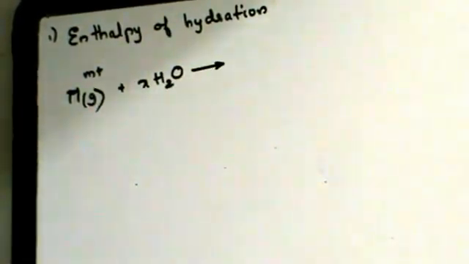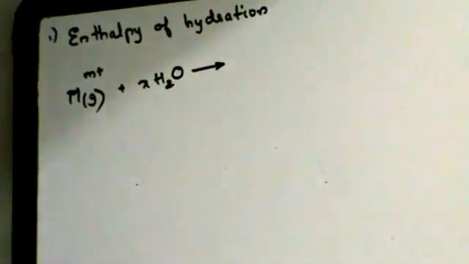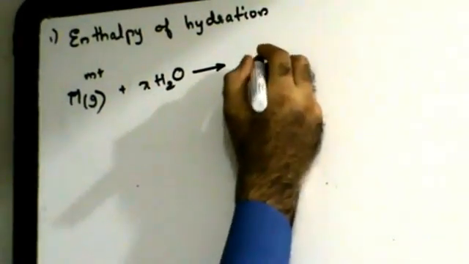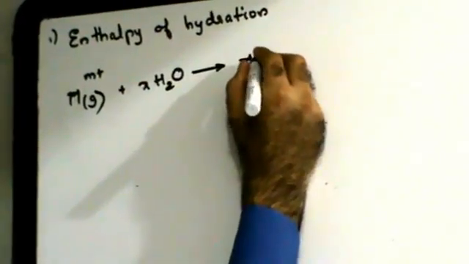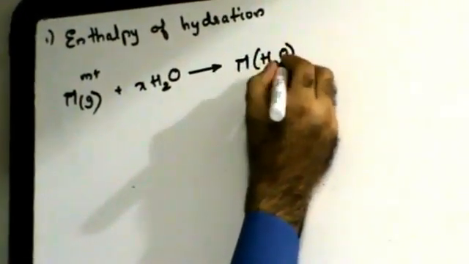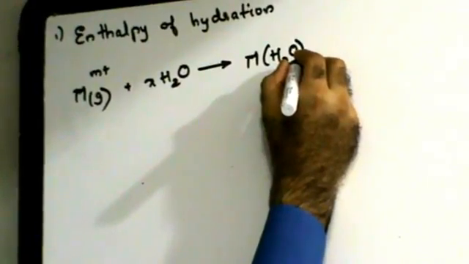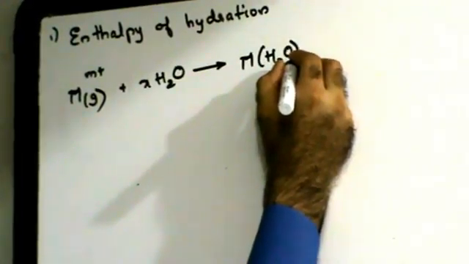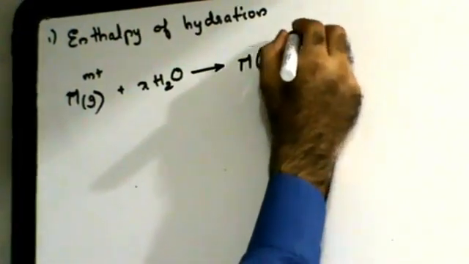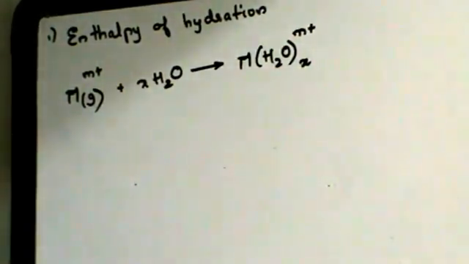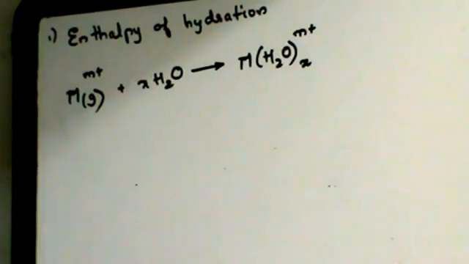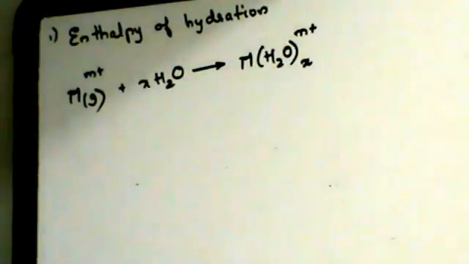The ion would dissolve in the water to give you M+ (aq) with X H2O. And this amount of energy required to react a gaseous ion with water is called enthalpy of hydration.